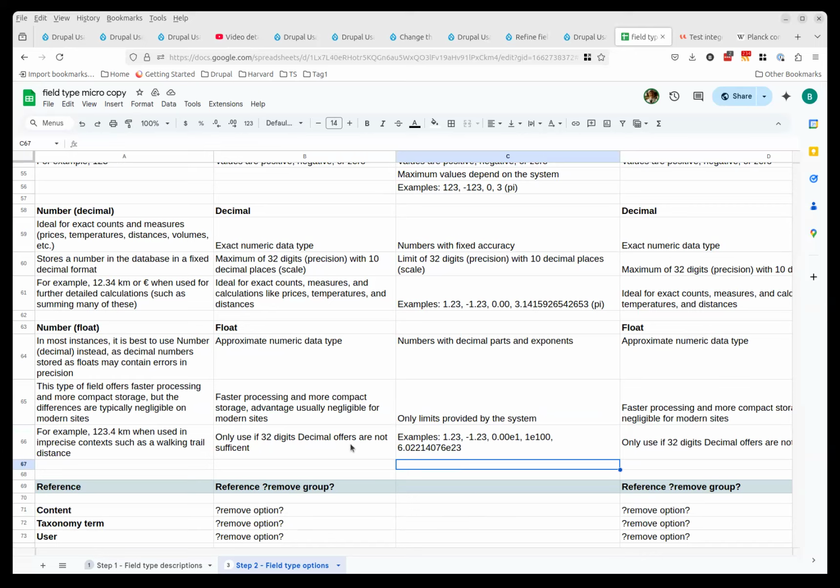Just very briefly, as we've explored this, it seems to me that we want to make certain that we indicate that decimals have uses in more common situations, whereas float supports when you need values that are outside of the range that decimal supports.